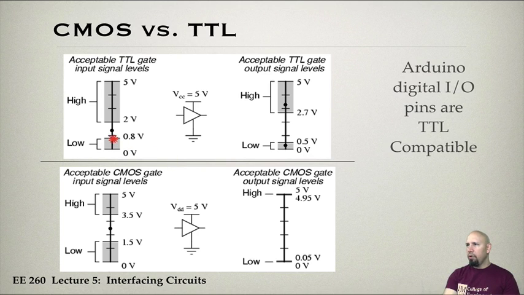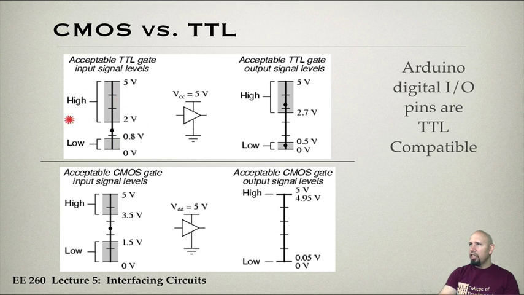Anything less than 0.8 volts is still considered a logic 0, anything above 2 volts a logic 1. Even though we're talking about digital circuits, the world is still analog. The fact that this situation happens means the designers of TTL circuitry recognized the analog nature of circuits. So we have a larger range for high than we do for low.